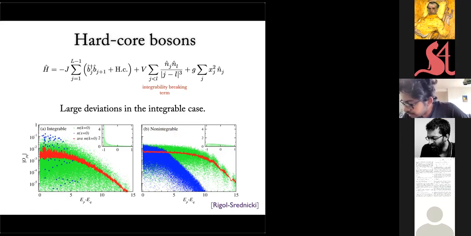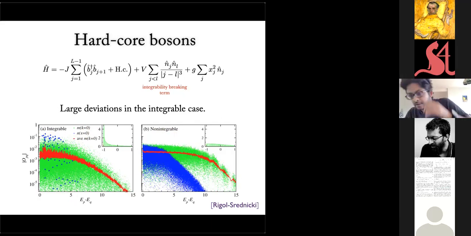So you see in the integrable case, this is one observable and this is another observable. The blue dots are one observable and the green dots are another observable. So you see in the integrable case that there is a huge spread from the average value, whereas in the chaotic case, comparatively the spread is smaller.